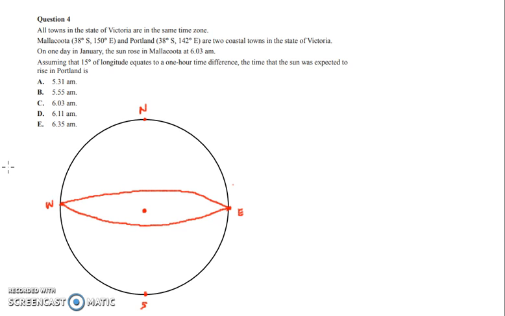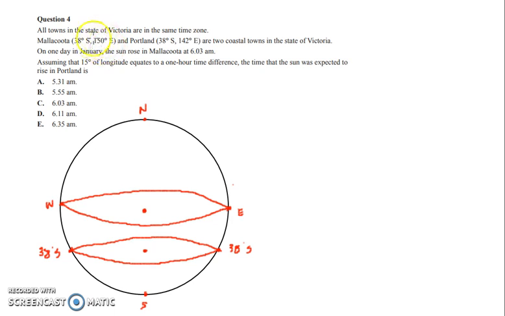Mallacoota is 38 degrees south, and so is Portland. So if we go south of the equator, down here to 38 degrees south, we put the center, and we can take our line around. So there's our lines of longitude. And let's put in the two places for Mallacoota and Portland.